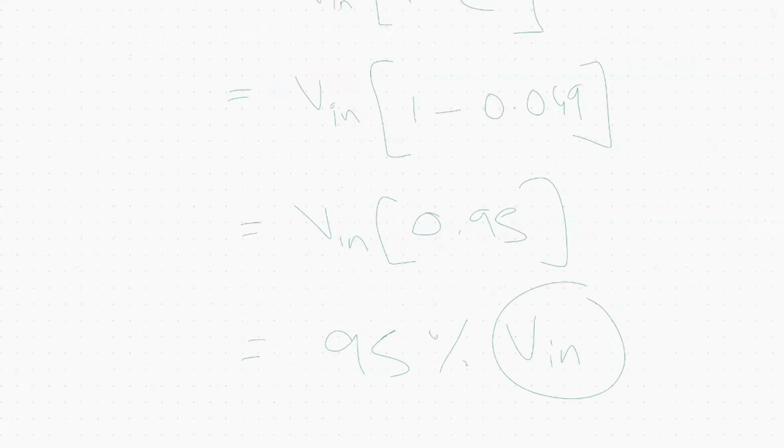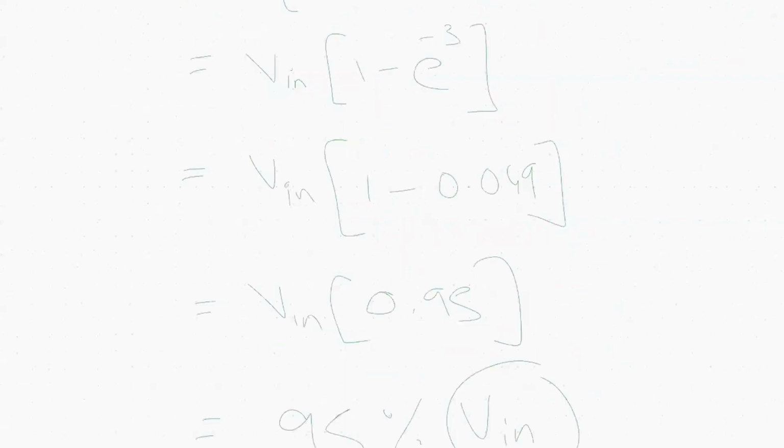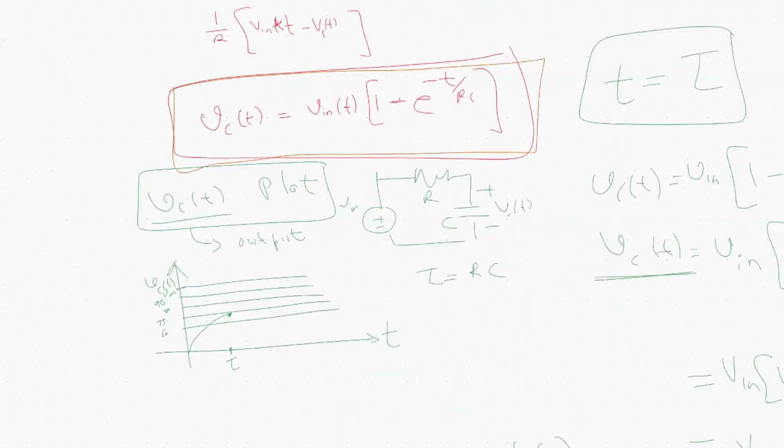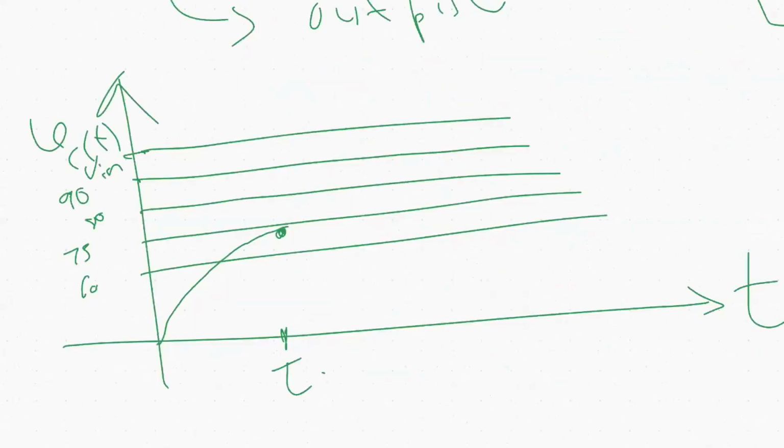So at 3 tau, your capacitor is almost reaching 95%.